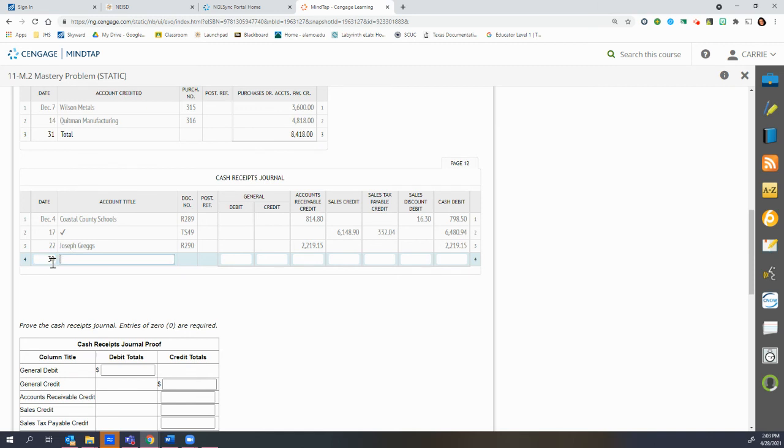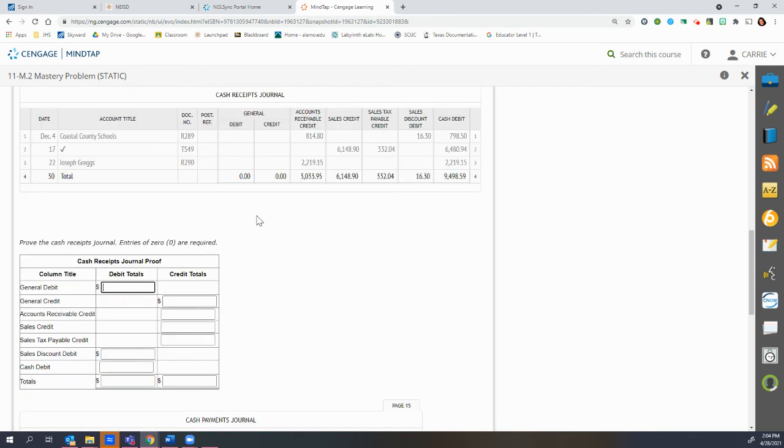This one, total 0, 0. $33,033.95. 3033.95. There you go. 6148.90, 332.04, 1630, and then I gotta add those up. 94.98.59. Then I'm gonna put the general debit here.